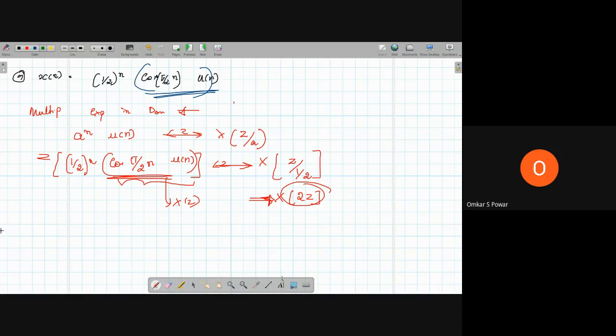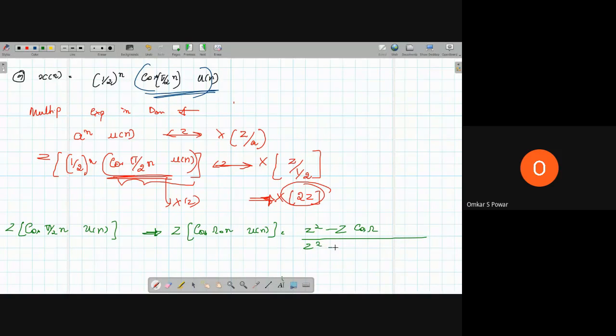First we will find the Z transform of cos pi by 2 into n and u of n. How can we solve this one? Again you have to remember one formula I solved in the previous class. Z transform of cos omega naught n u of n is equal to z square minus z cos omega divided by z square minus 2 cos omega into z plus 1.